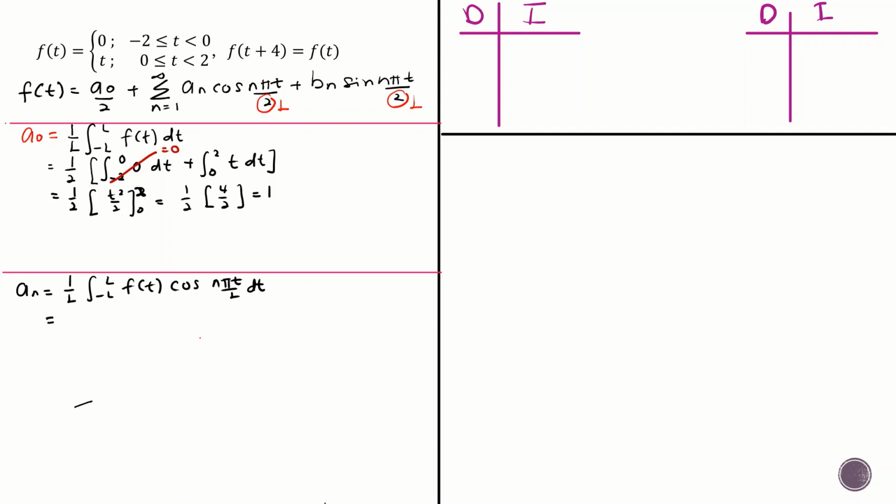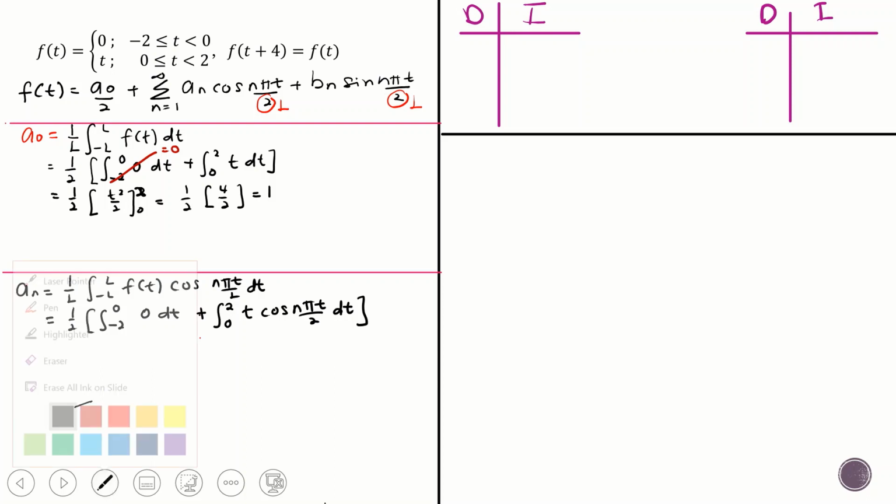So this equals 1 over 2. Again, we have to split into two integrations. The first integration is 0, because 0 times any function or any number is always 0. And the second integral is from 0 to 2, where the function f(t) is t and L is 2. So the first integration is 0.